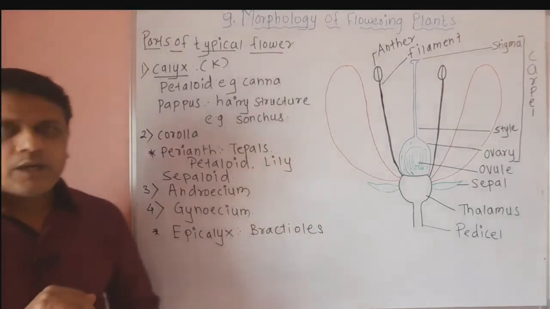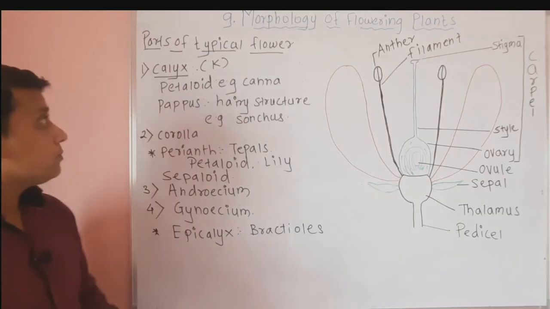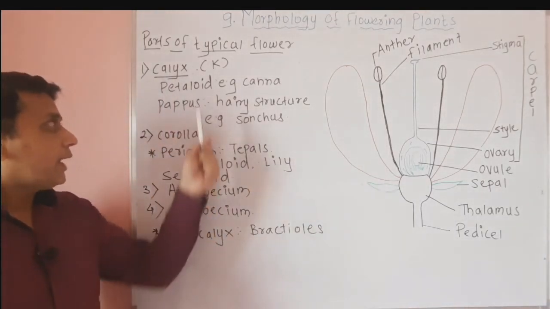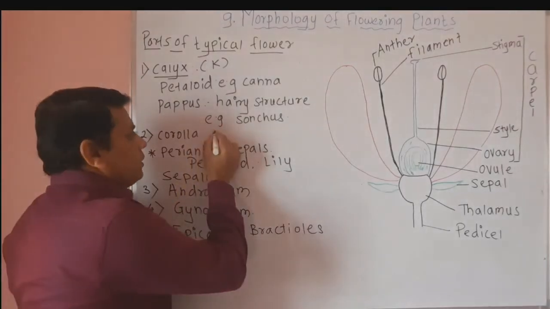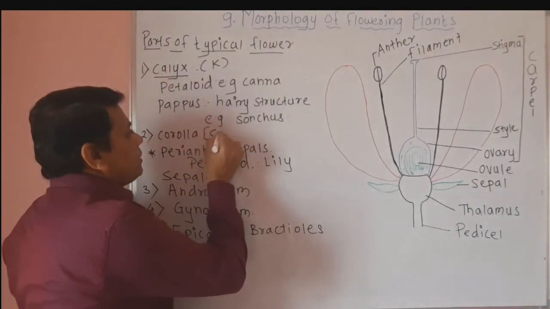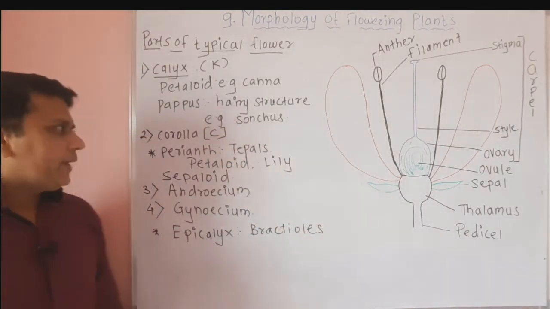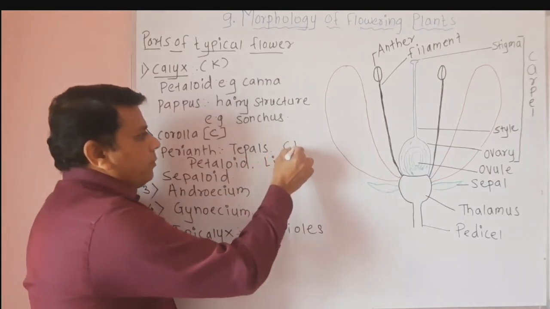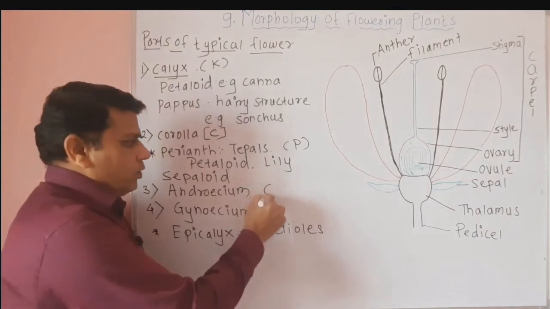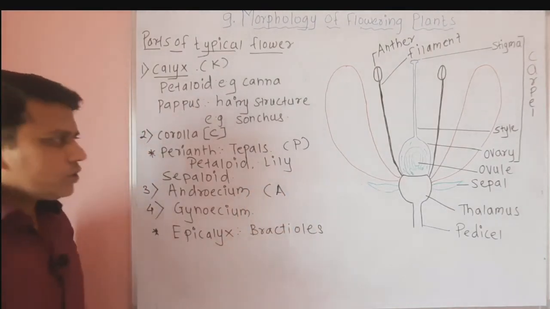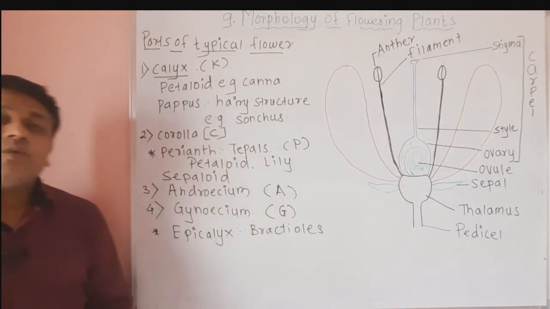So a typical flower shows 4 whorls, that is calyx. Then calyx is denoted by K. Then corolla is denoted by C. Then perianth is denoted by P. Then androecium is denoted by A. Gynoecium is denoted by G in the floral formula.